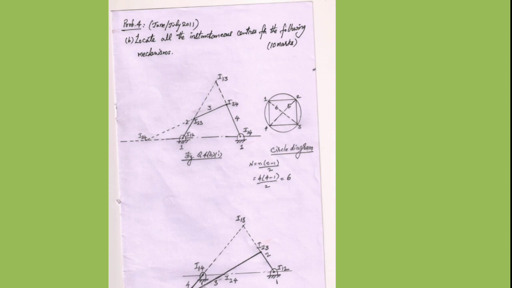Again you will get 1, 3. So 1, 4 and 3, 4 are extended, and 1, 2 and 2, 3 are also extended, so as to get I13. What is this I13? Instantaneous center of link 3 with respect to link 1. That is a very important instantaneous center. When you need to find omega 3, you need this I13.